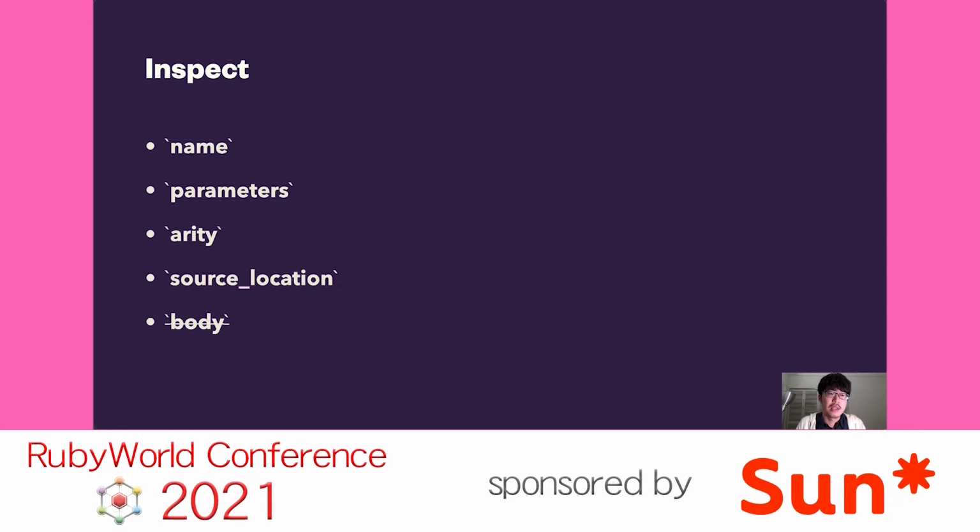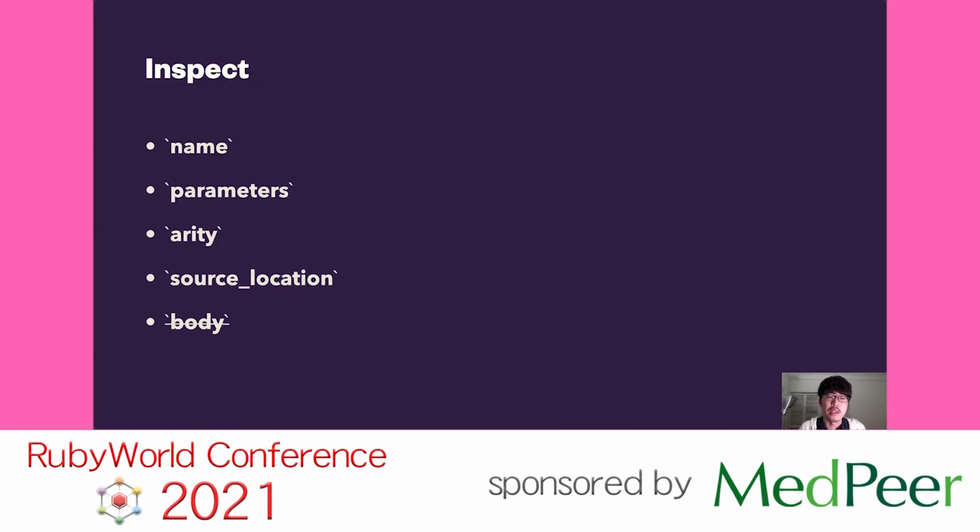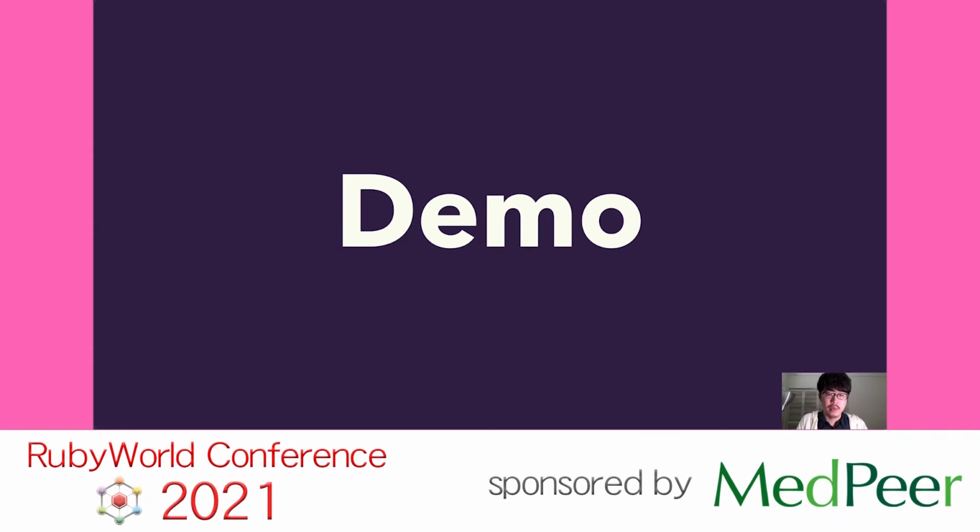You can see in which file the method is defined by looking at the source location. It gives the location of the source, but there's no body. In Ruby, a method will give much information, but as for the body itself, there's no way to obtain it. That's not available for individual methods.